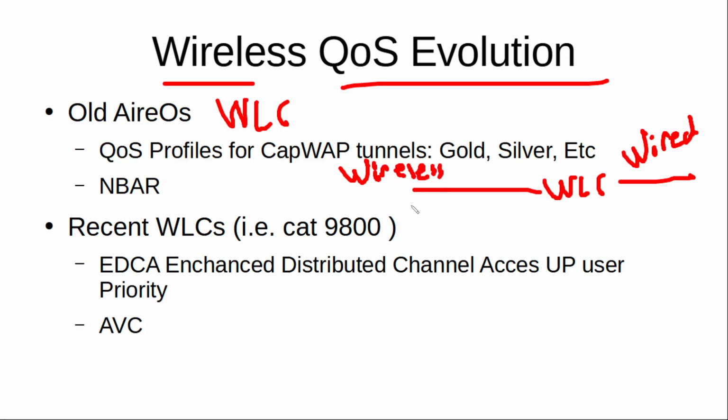So with the old wireless LAN controller, we could only manage the wired world. We could only influence the way that we set up the DSCP marking for CAPWAP tunnels, and we had some sort of quality of service for applications using NBAR.